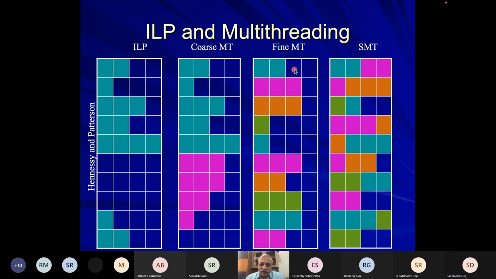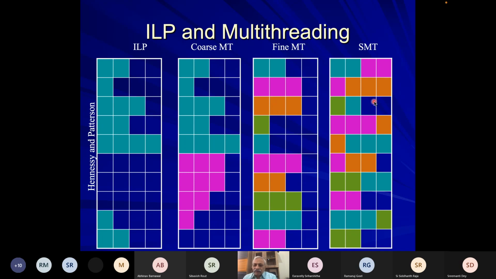You can have fine-grained multi-threading, where if you have the ability to switch threads in every cycle, you could keep these functional units occupied by 2 instructions of one thread, then in the next cycle 3 instructions of another thread. Here you're doing 3 instructions of a third thread, and so on. So different colors are representing different threads, and the attempt is to draw parallel instructions from multiple threads and keep the execution units busy.